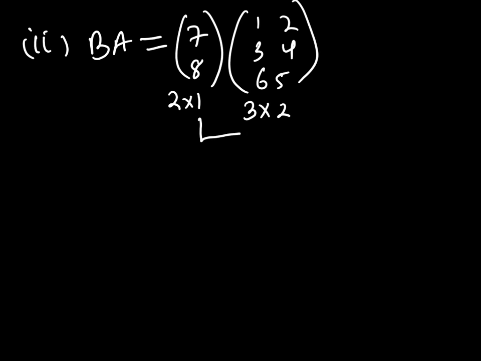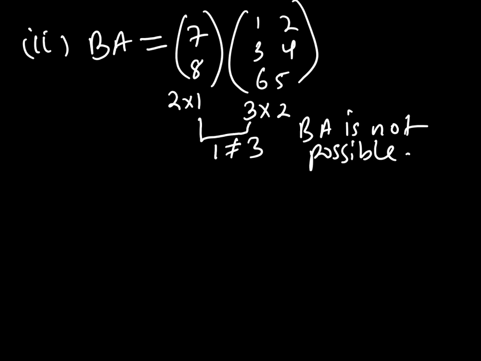So these two, 1 is not equal to 3. Okay, so BA is not possible, because the number of columns of the first matrix is not equal to the number of rows of the second matrix. So we can't multiply matrix B by A.